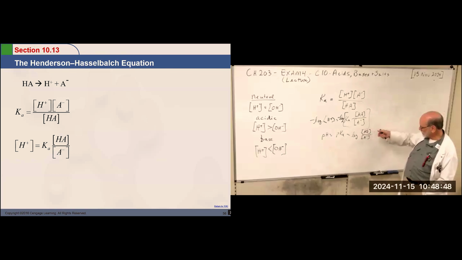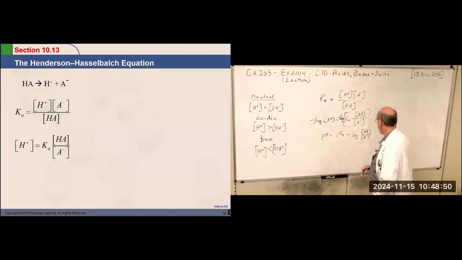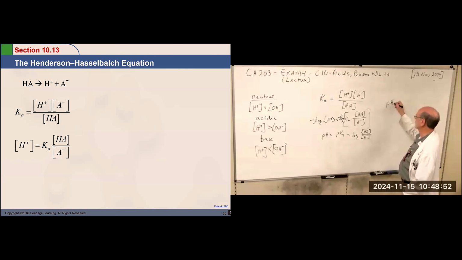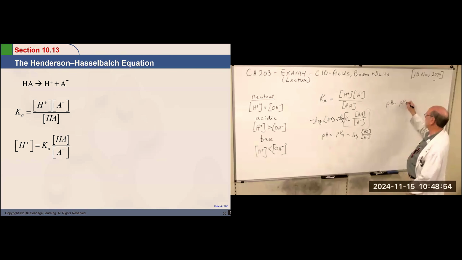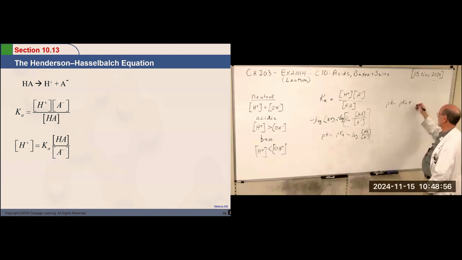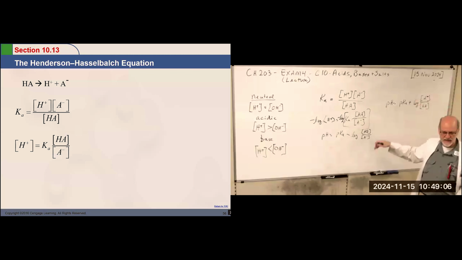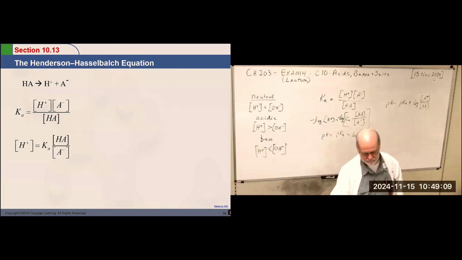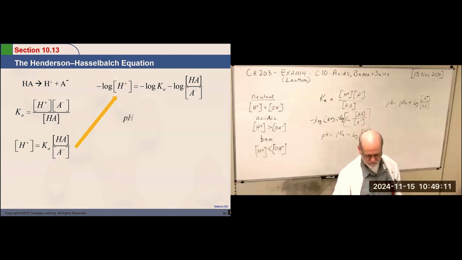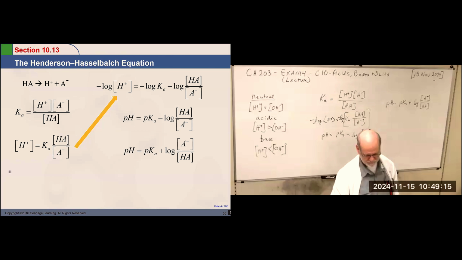So we just flip those, and that comes out to pH equals pKa plus the log of the conjugate base divided by the weak acid. That's the Henderson-Hasselbalch equation.